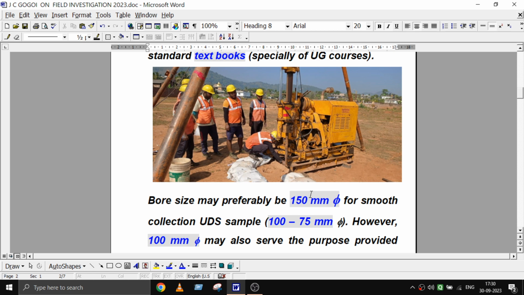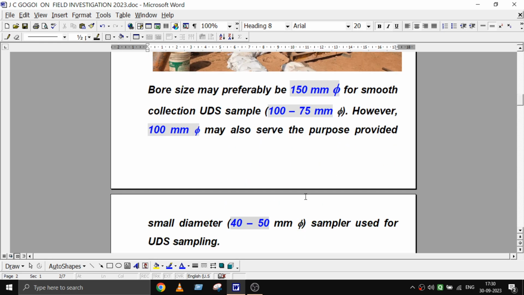However, where we do not require the consolidation test, in such cases a 100 dia bore may also be purposeful, provided our undisturbed sampler is 40 to 50 dia.